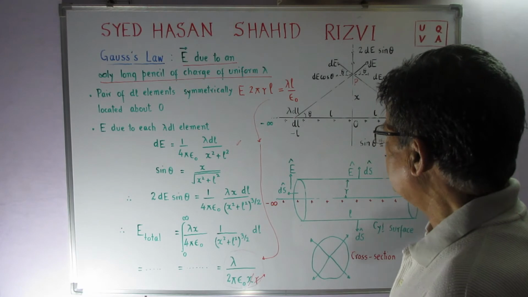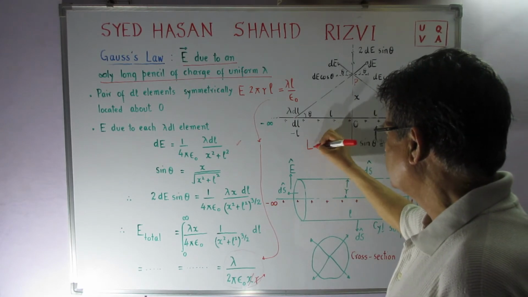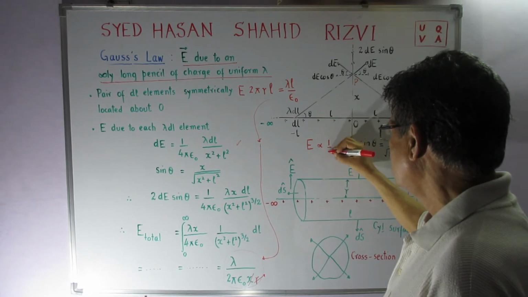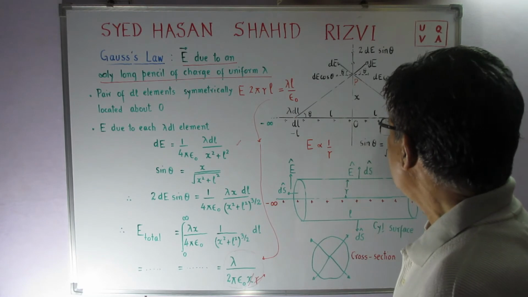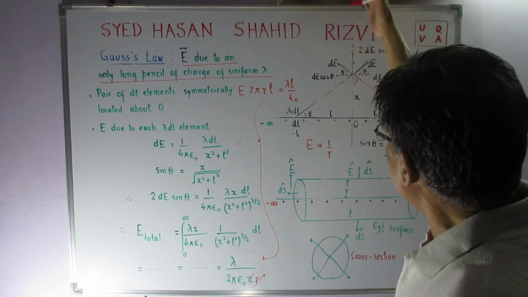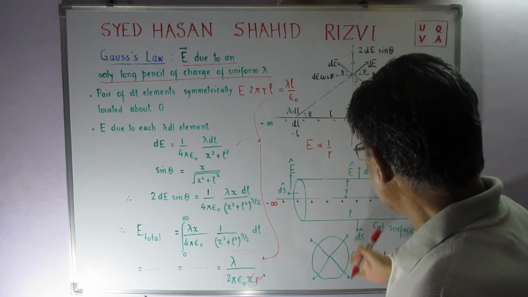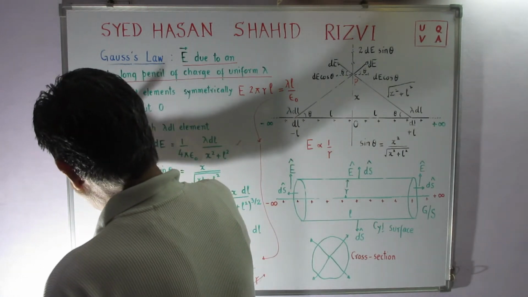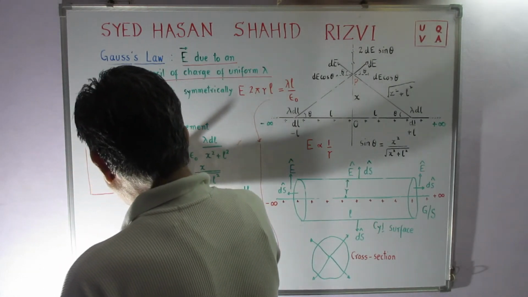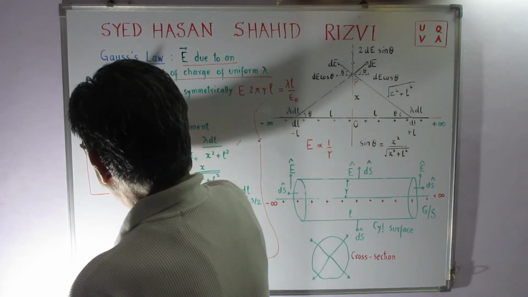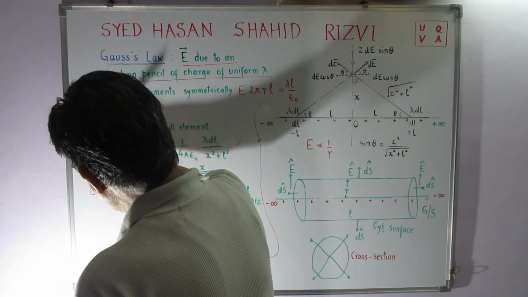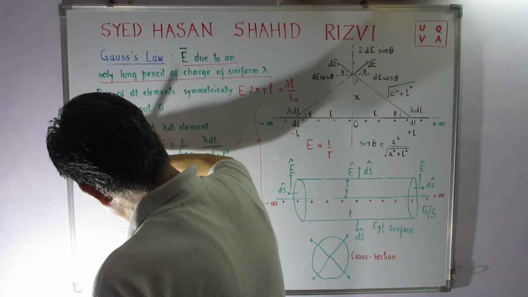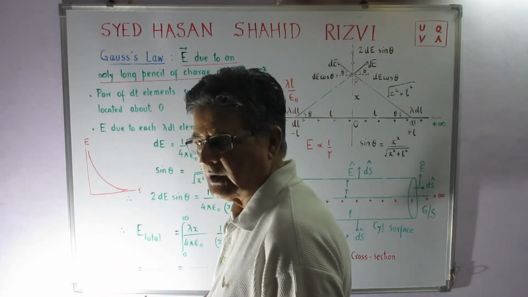So in this case we can say that the electric field is proportional to 1 upon r. So as we go away, this side or that side, whatever side, if we try to find the relation between E and the distance r, then we find that E will be related to r like this.